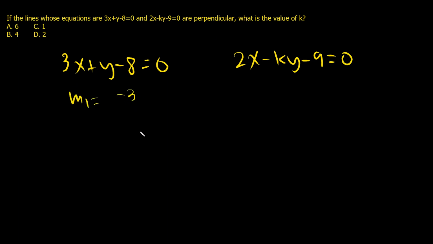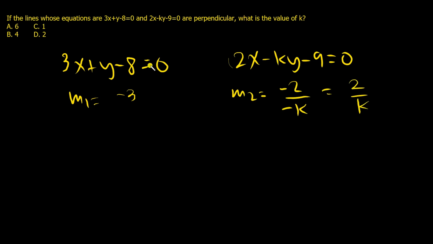Question. Unsay slope ani niya? Negative 3 over 1. Negative 3 gyapon. Tama? Kay negative a over b ba to? Next, unsay slope ani niya? Negative 2 over negative k. Tama? Negative a over negative b.